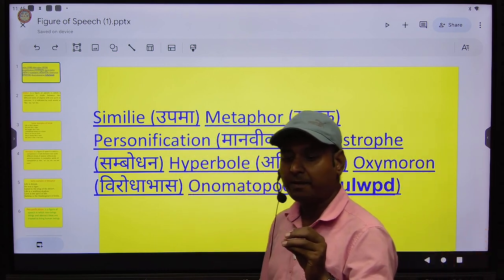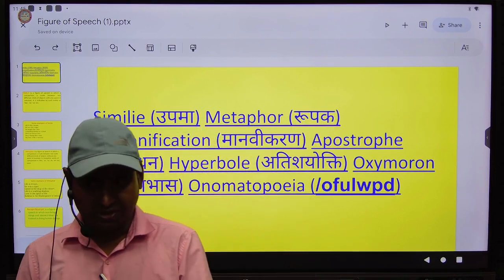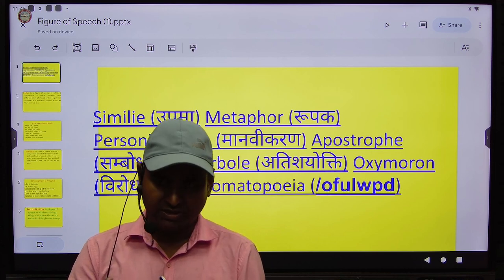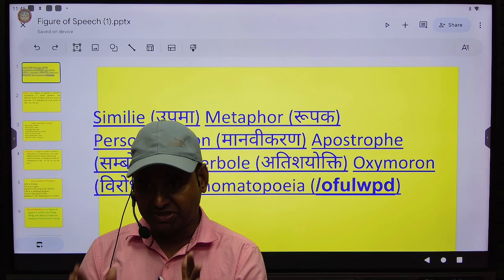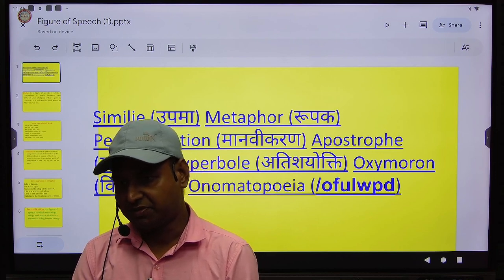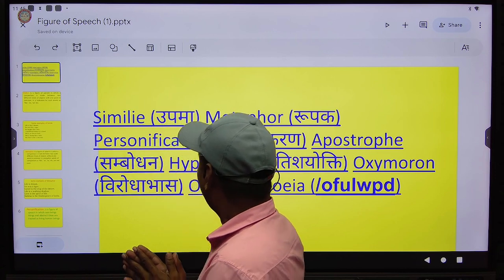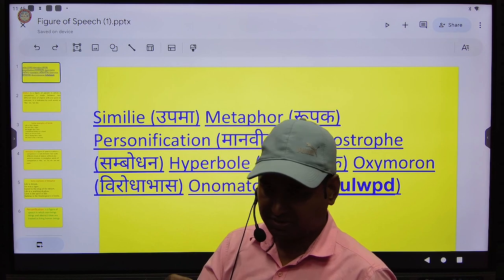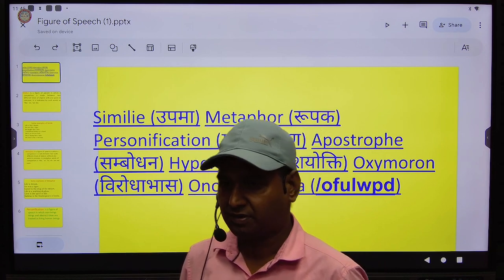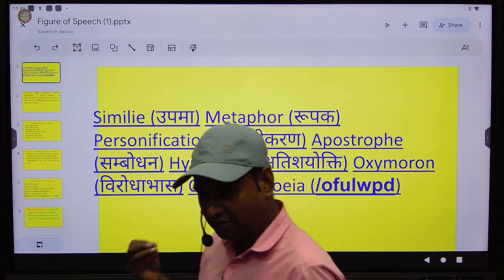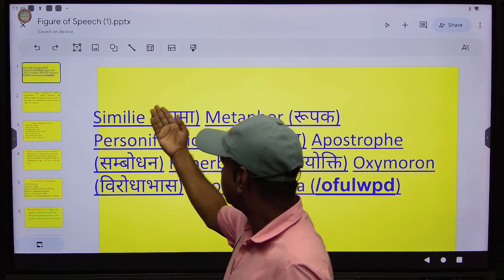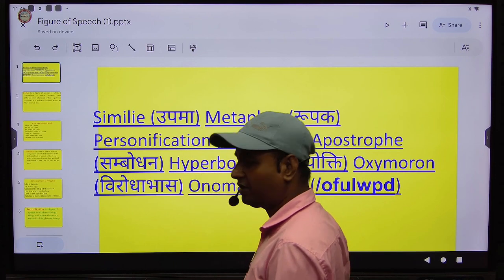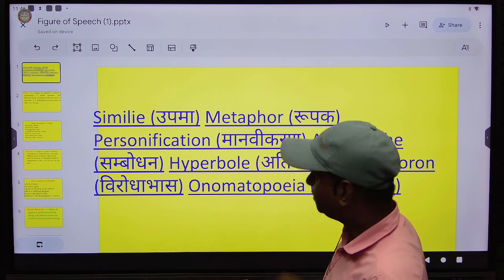So, in this class, it is an introductory class, because in this class I will be giving very basic information about figure of speech. So, the main examples of figure of speech are simile. In Hindi it is called upma. Another is metaphor, in Hindi rupak.